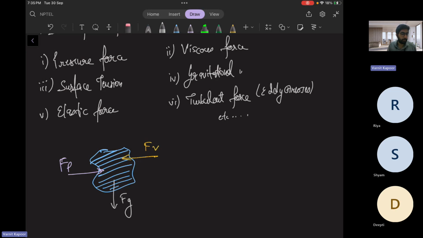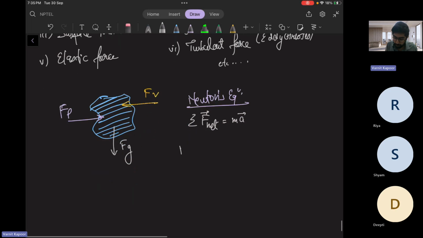As per Newton's second law, net force is mass into acceleration. Newton's law states that the summation of net forces is nothing but mass into acceleration.